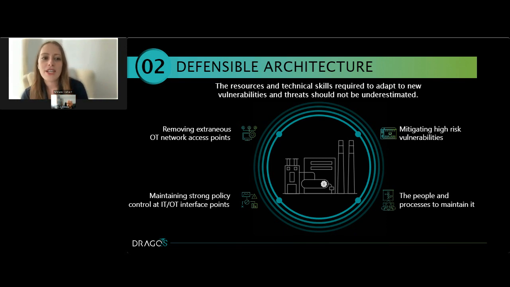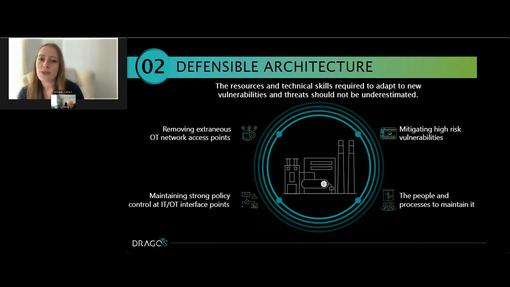Maintaining strong policy controls at IT-OT interface points. So really zeroing in on that boundary between your IT assets and your OT assets, locking down any communication that is not necessary or is extraneous, and adding in as many layers as possible to keep making that boundary stronger.